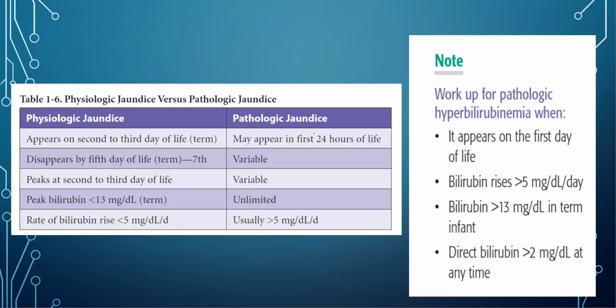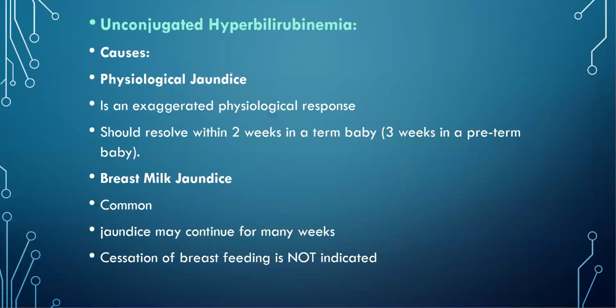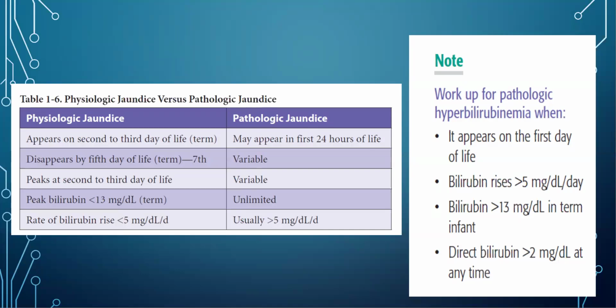Moving on to a bit of detail about pathological and physiological jaundice. There are lots of types of jaundice. We have hemolytic jaundice, hepatocellular jaundice, and obstructive jaundice. We have physiological jaundice and pathological jaundice. The common ones that we use for children or neonates are physiological and pathological jaundice.